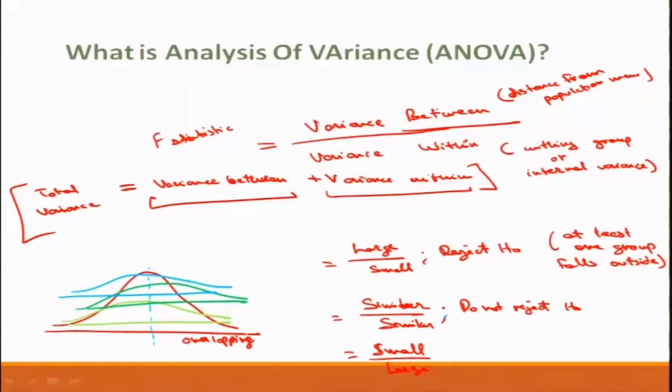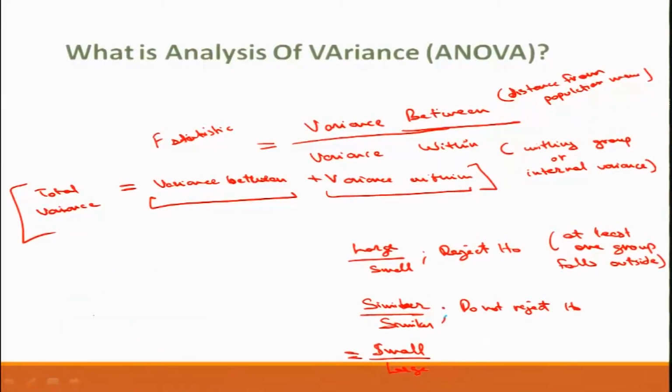And if the population mean is close to the group means, this is case 3 where the denominator is small. That means the population mean is not very much distant apart from the group means.